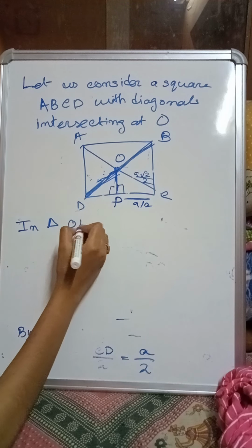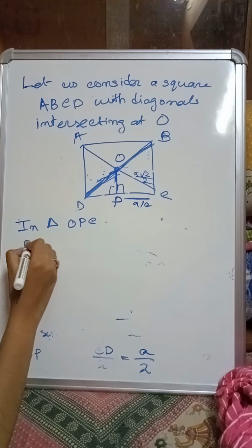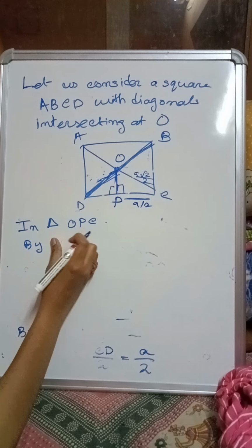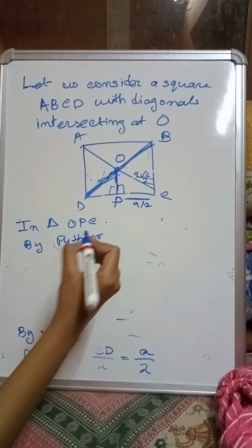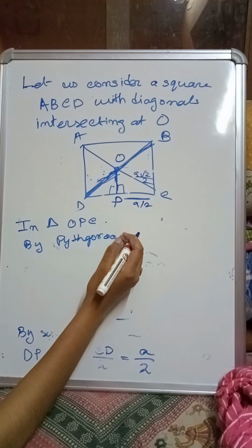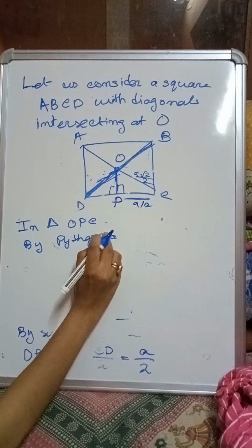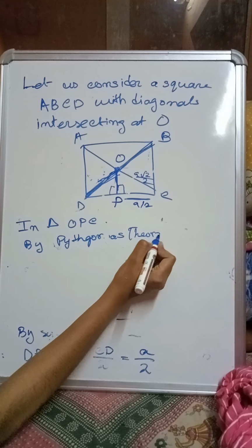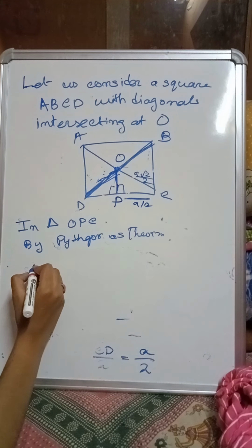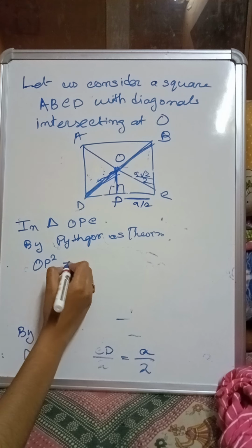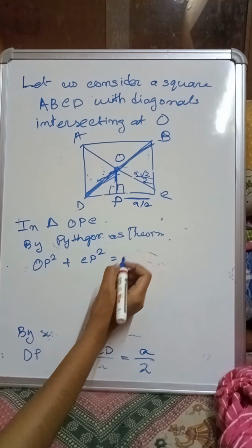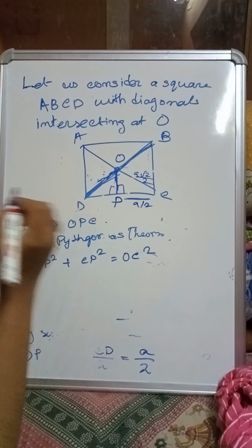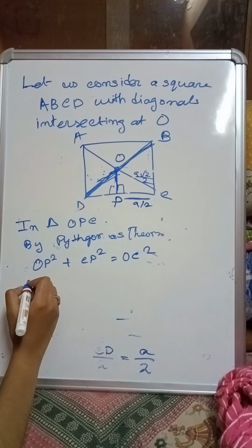In triangle OPC, by Pythagoras theorem, what can we write? We can write OP square plus CP square equals to OC square.